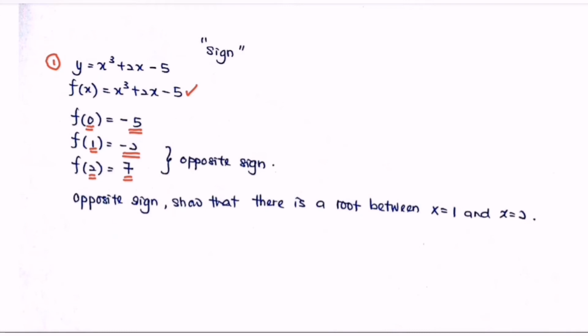The opposite sign shows that there is a root between x equals 1 and x equals 2. This is what we call searching for sign change, the second method. The way of approximating is better than the graphical method. Now I'm going to proceed with the third method, the Newton-Raphson method.